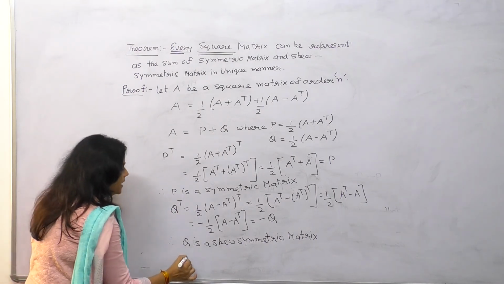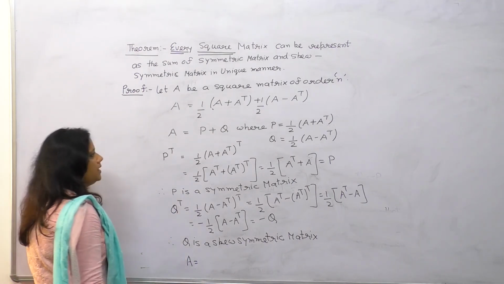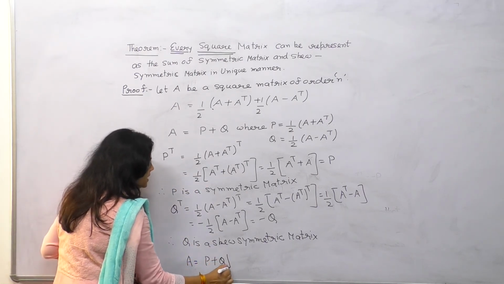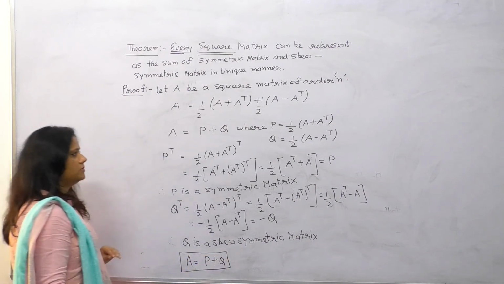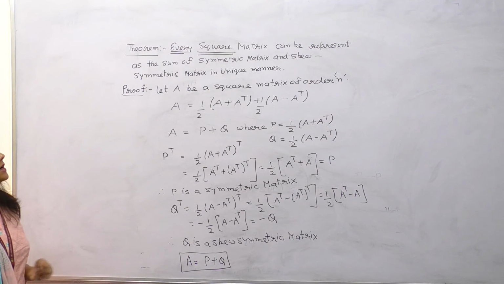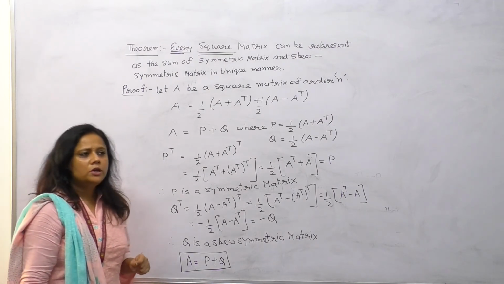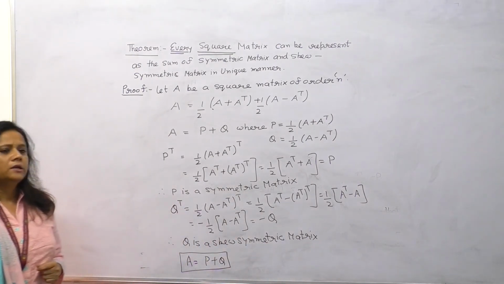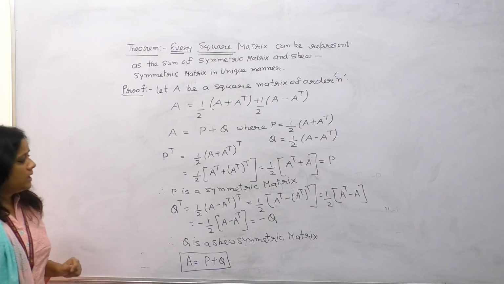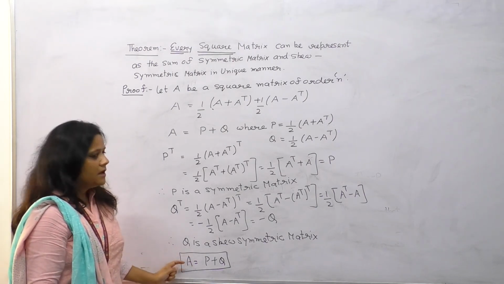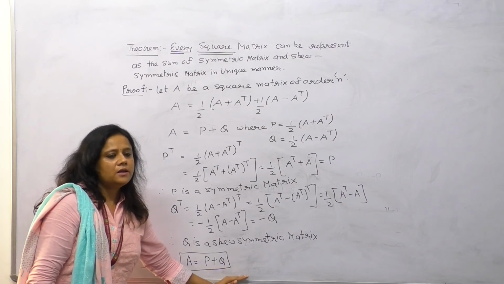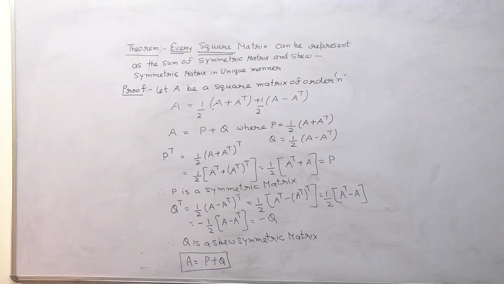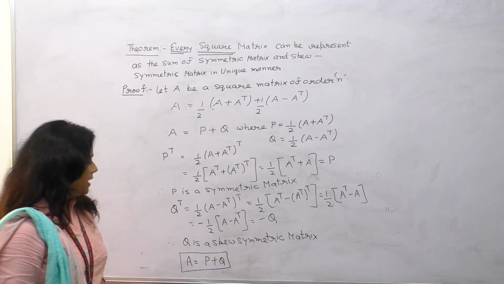We have shown that every square matrix can be written as the sum of a symmetric matrix and a skew symmetric matrix. Now the second part is in a unique manner. For the uniqueness, generally we use contradiction. Unique manner means we assume that the matrix A can be represented in another form, R plus S, where R is the symmetric matrix and S is the skew symmetric matrix.